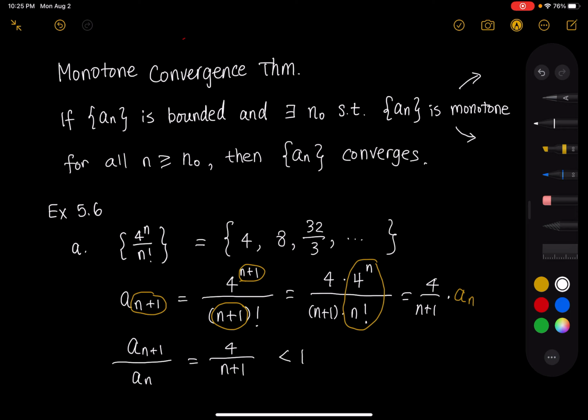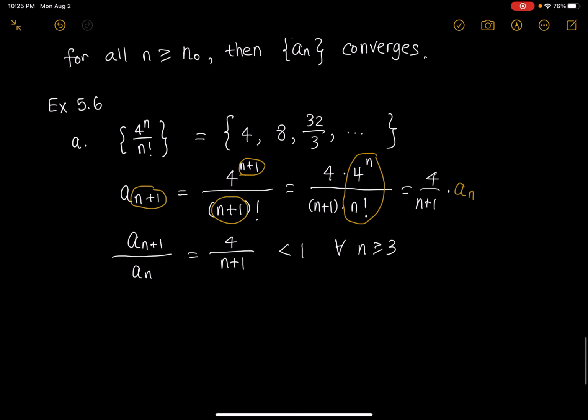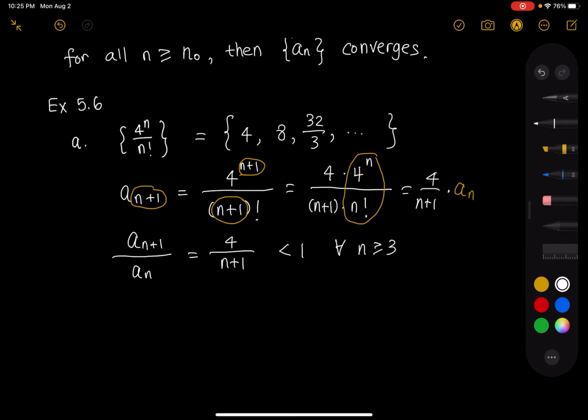So for all n greater than or equal to 3, a_{n+1} divided by a_n is less than 1. Multiply both sides by a_n, and you see the sequence is decreasing.